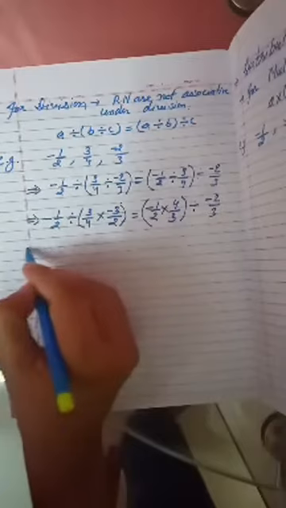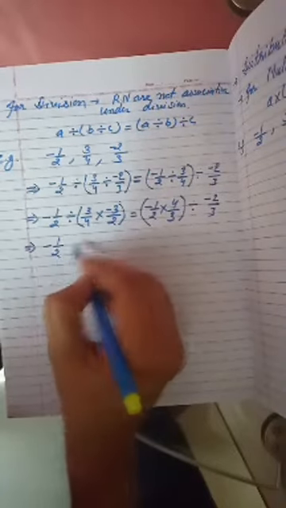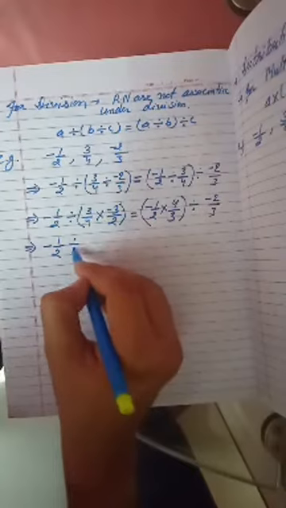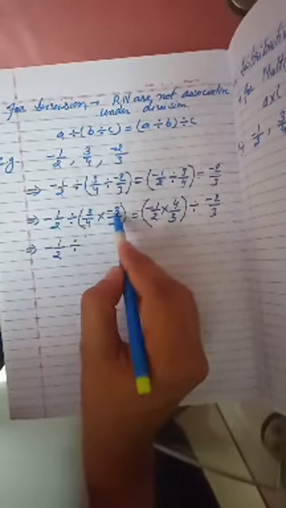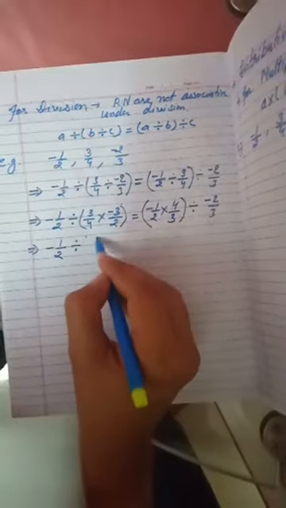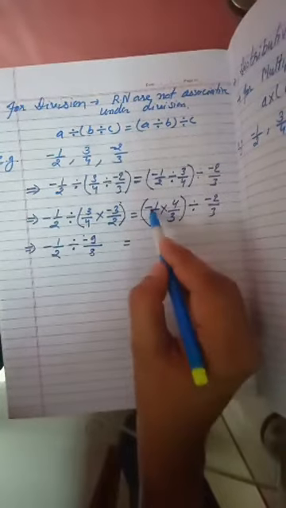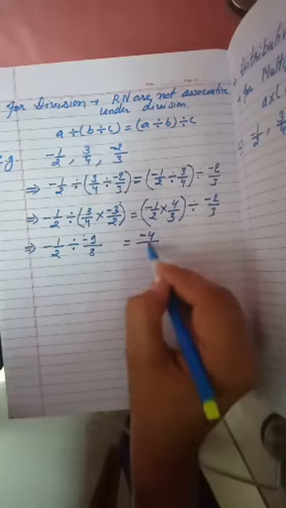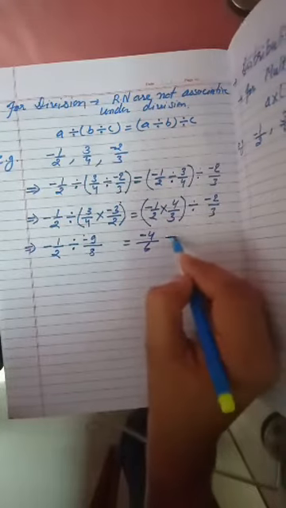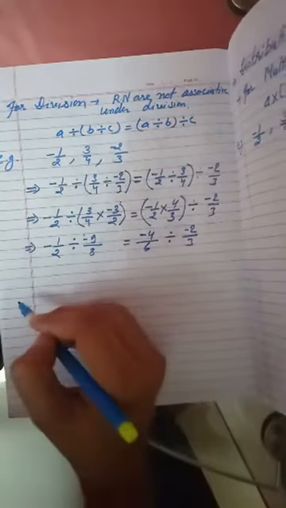Okay. Now the next step is minus 1 upon 2 divided by, solve the bracket, 3 multiplied by 3, 9, the sign of minus 9. 4 multiplied by 2, it is 8. Again this bracket, minus 1 multiplied with 4, minus 4, 3 multiplied by 2, 6. Divided by minus 2 divided by 3.